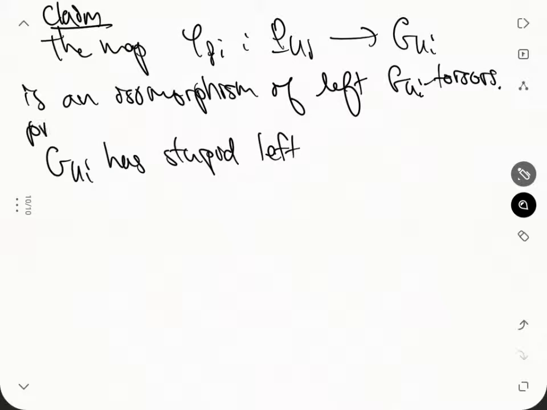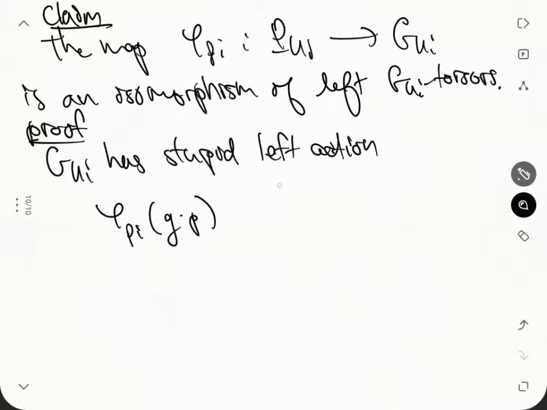And let's do the proof here. This has the stupid left action, and this has a left action, and so what I'm claiming is that pi, and then we take g times p. Okay, so let's actually write this out. So this is g p pi like this.